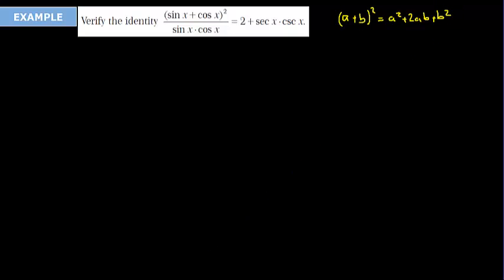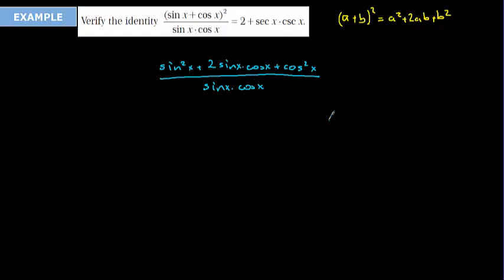It's going to be equal to sine square x plus 2 times sine x times cosine x plus cosine square x, all over sine x times cosine x.